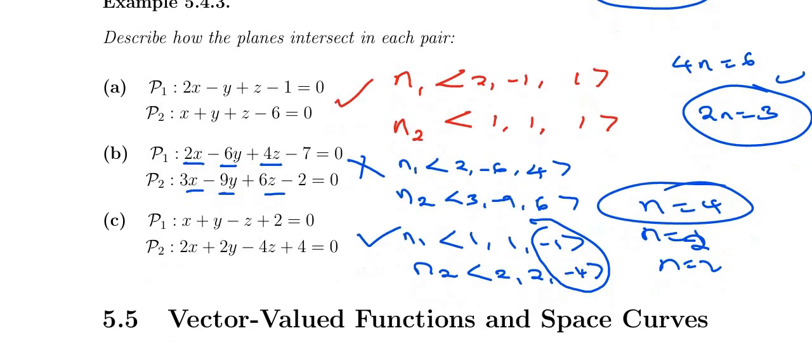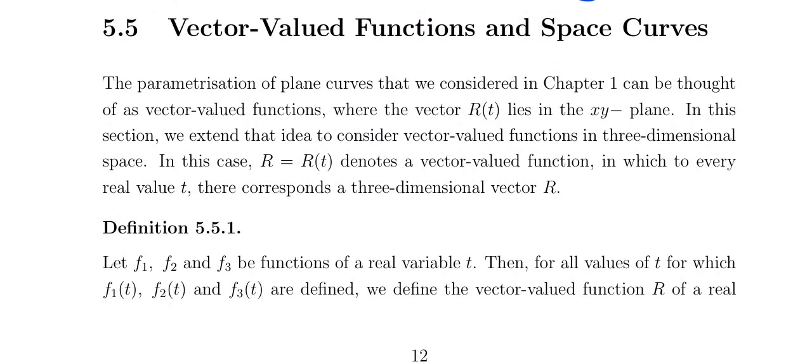And the last thing that we talk about is section 5.5, the vector valued function. This part explains that if you're given a function, let's call it r(t), it can be expressed in terms of vectors.